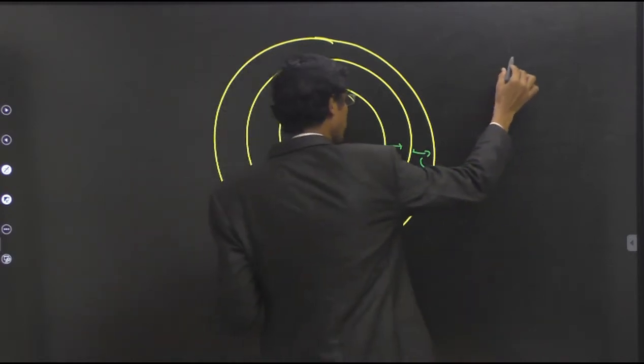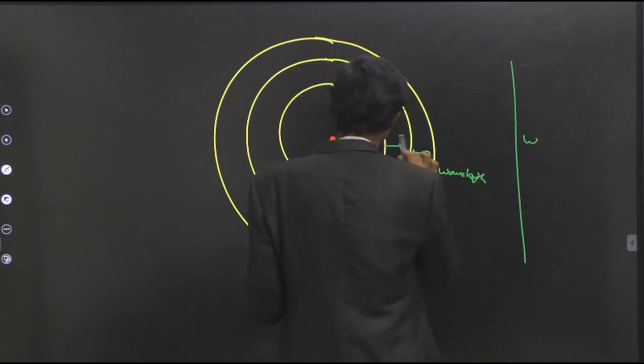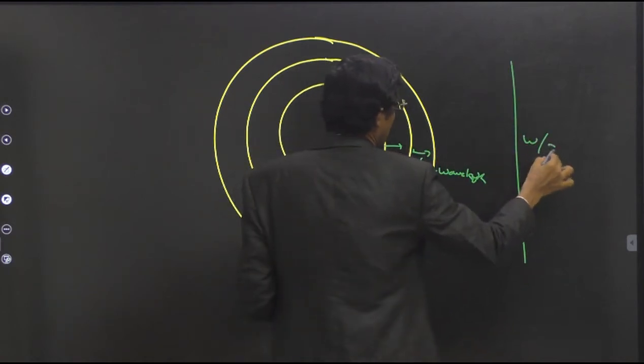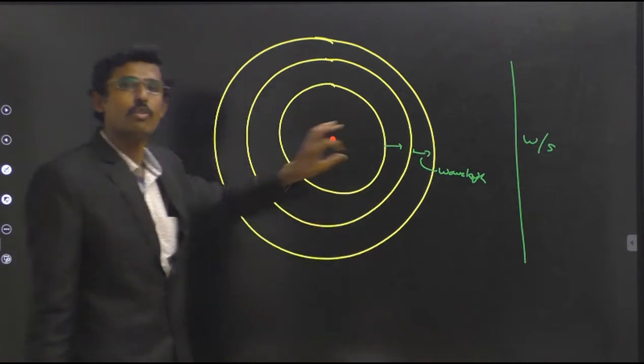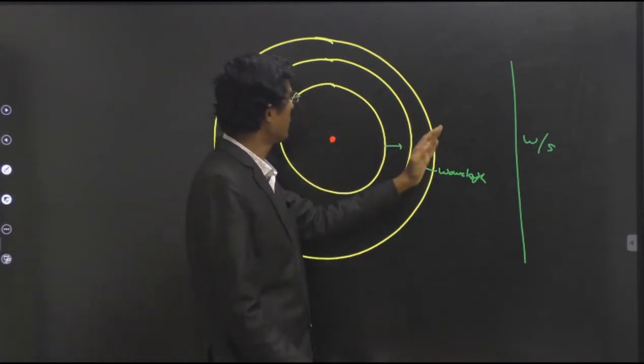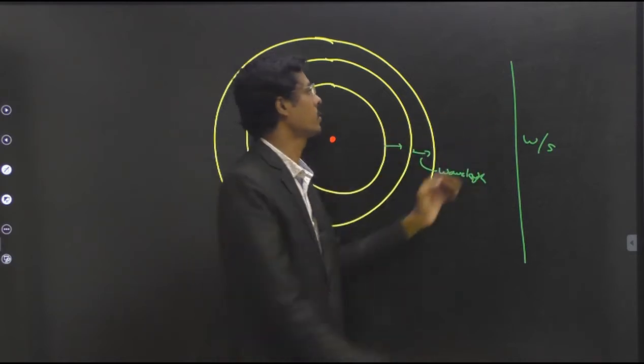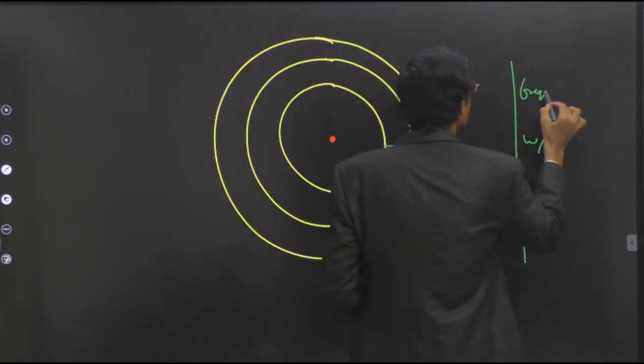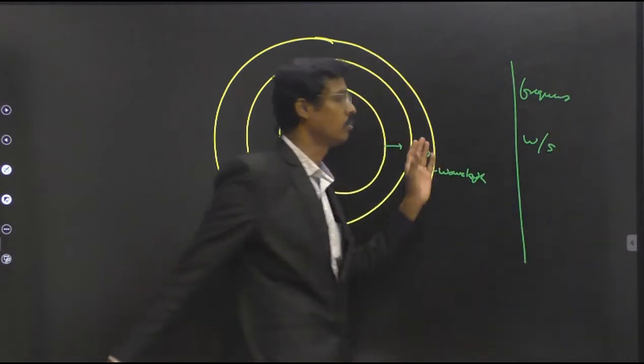We know the frequency is how many waves cross per second. If more force is there, more waves will be generated, one pushes the other, and the frequency will be higher: more waves per second.